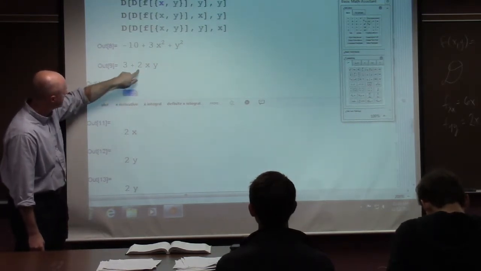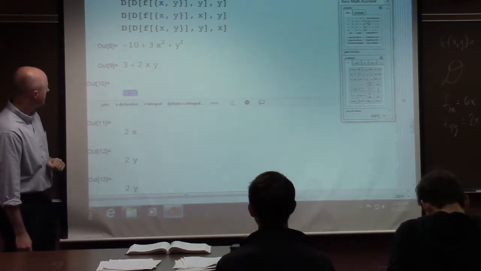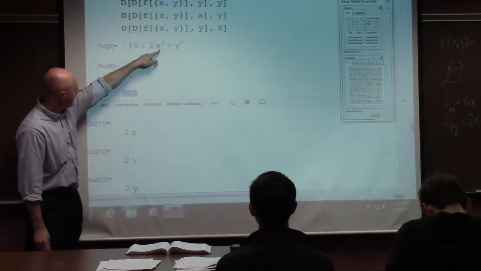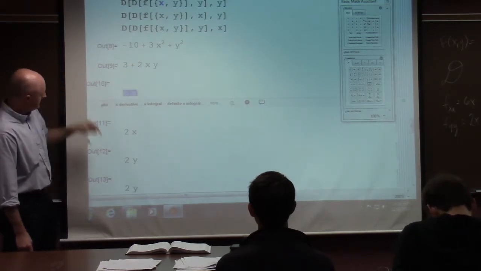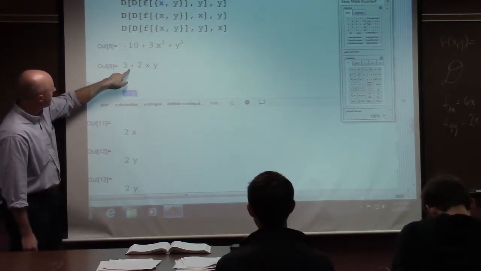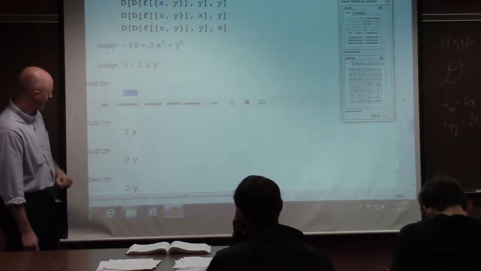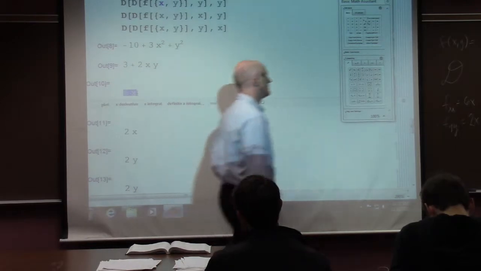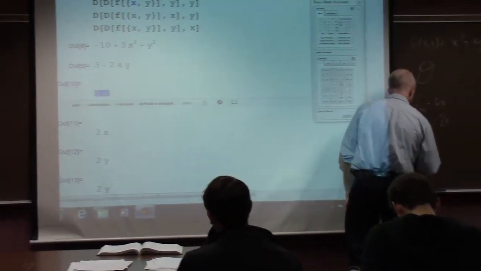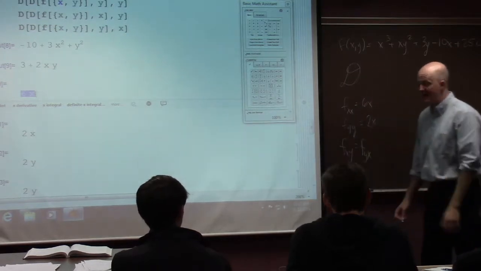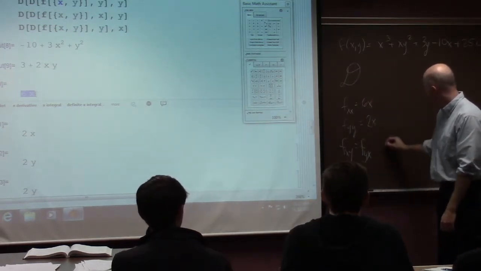Treat the x as a constant, and you get 2x. This one is a mixed partial. Differentiate this one with respect to y and get 2y. You get the same thing if you differentiate this one with respect to x. The y is a constant, you get 2y. Again, Clairaut's theorem guarantees those will be the same when your function is sufficiently nice.